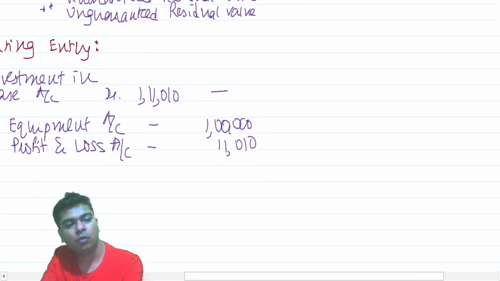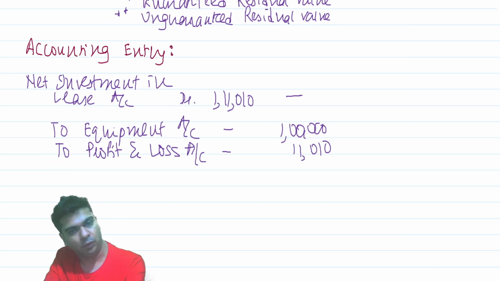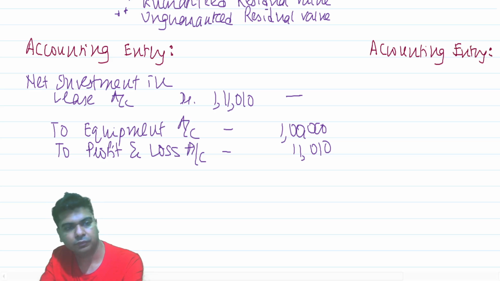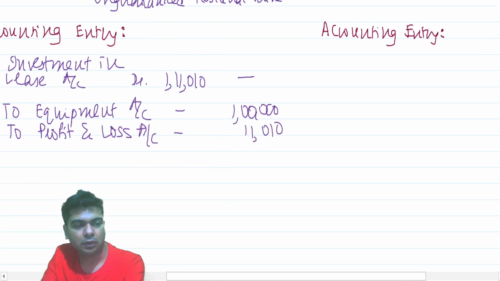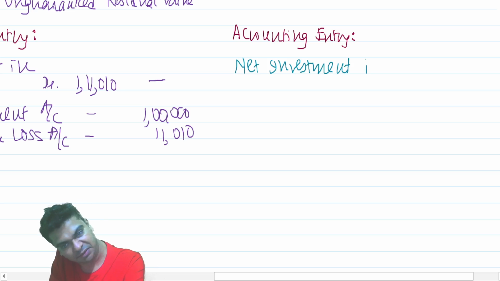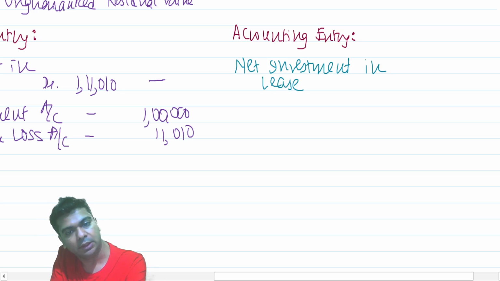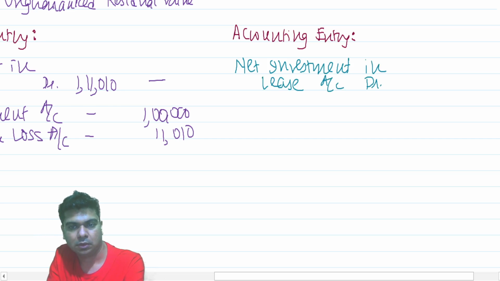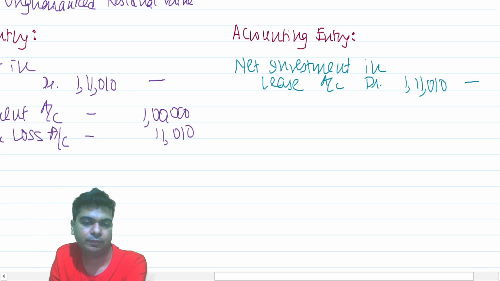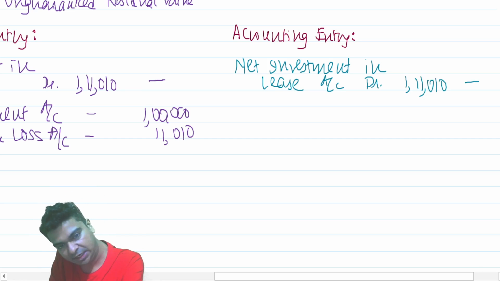So we would like to now know what shall be our accounting entry over here, right? Net investment in lease still needs to be recognized. So we say net investment in lease account debit 1,11,010. Cost of sale needs to be recognized.